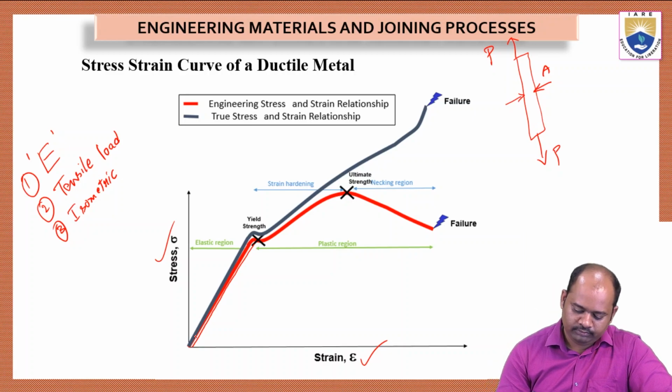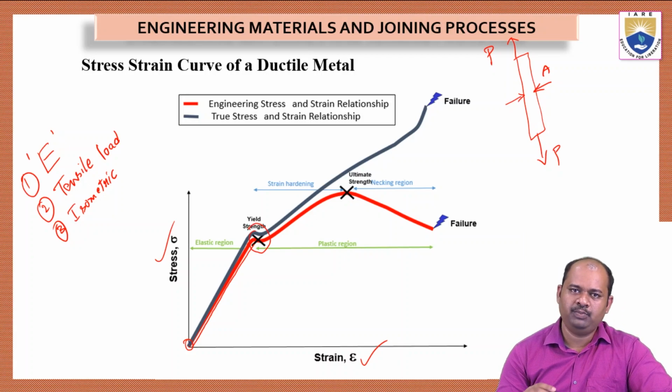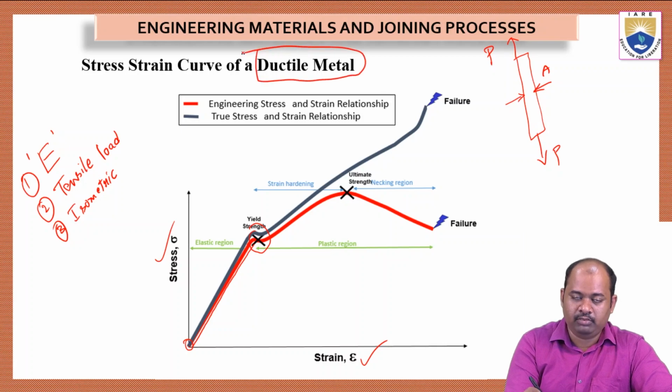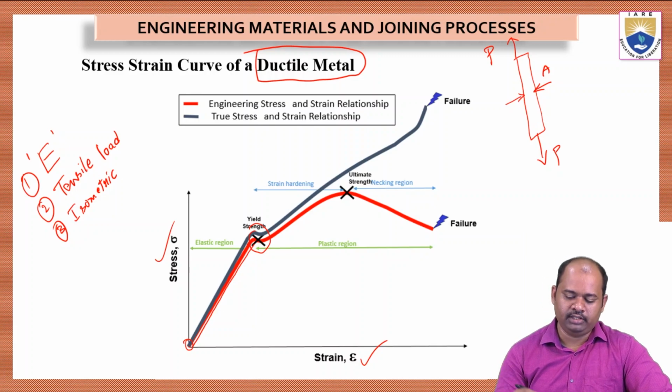Now, up to this point, here we are studying ductile metal. Remember, this graph is only valid for ductile metal, not for other metals.